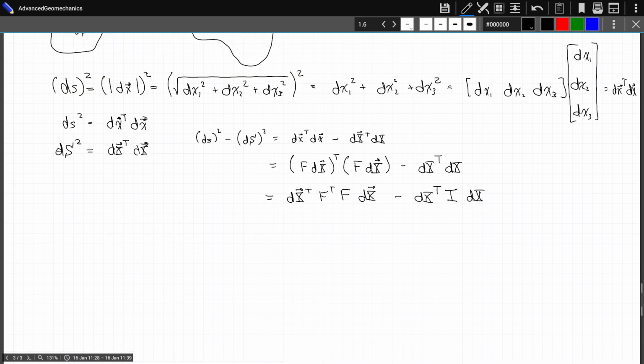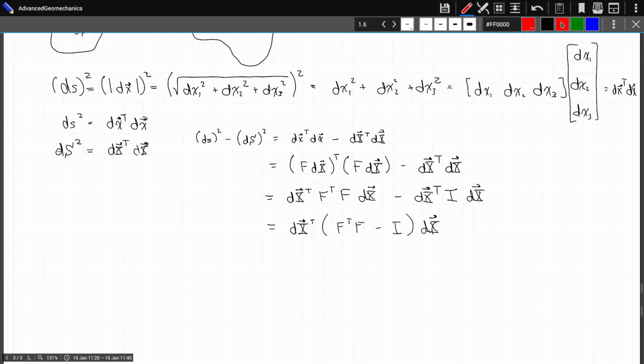I'm going to just make sure I've got my vector symbols here. But when I write it like that, then you can clearly see I can factor out the dX's of this equation. So then I have dX transpose times F transpose F minus I times dX.